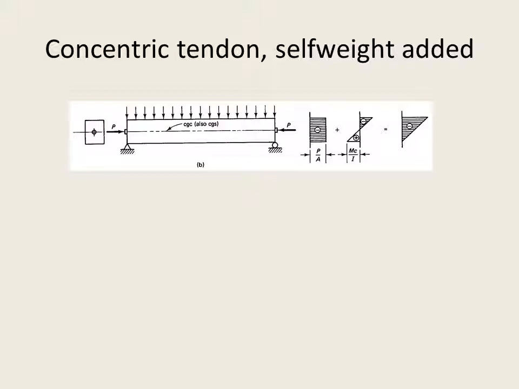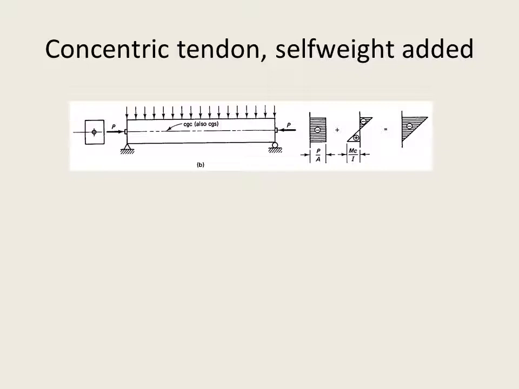The stress of pre-stress only is rectangular, negative compression, and then you can see here we have positive at the bottom and negative at the top. It means that this beam is bending due to the self weight. Therefore positive at the bottom, tension, negative at the top, compression.